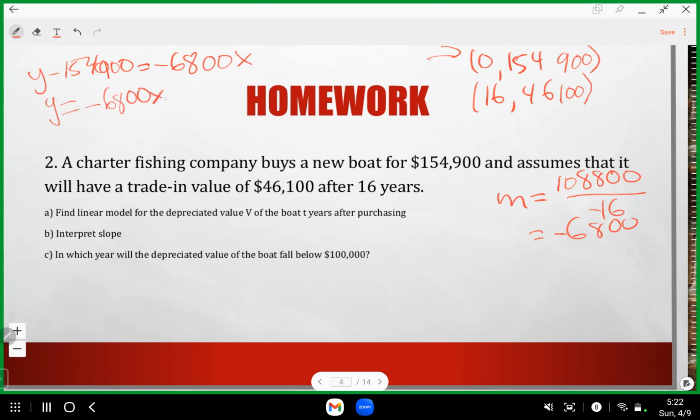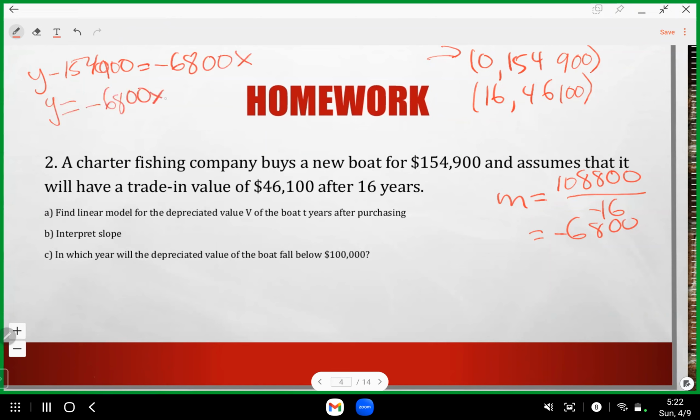And when you interpret the slope, so this is the equation. How do we interpret the slope? Because it's negative 6,800, basically it's over 1, right?